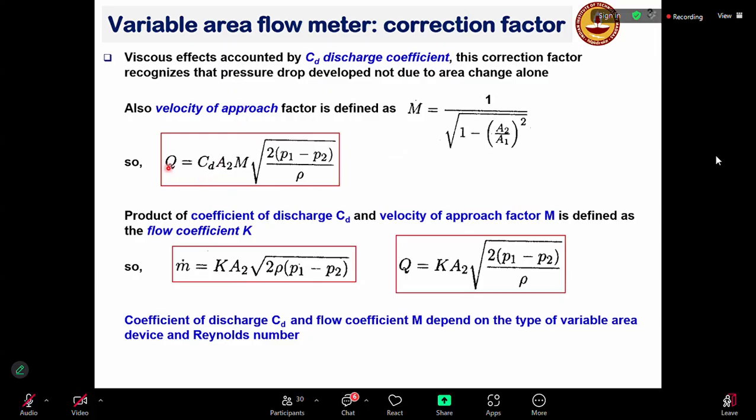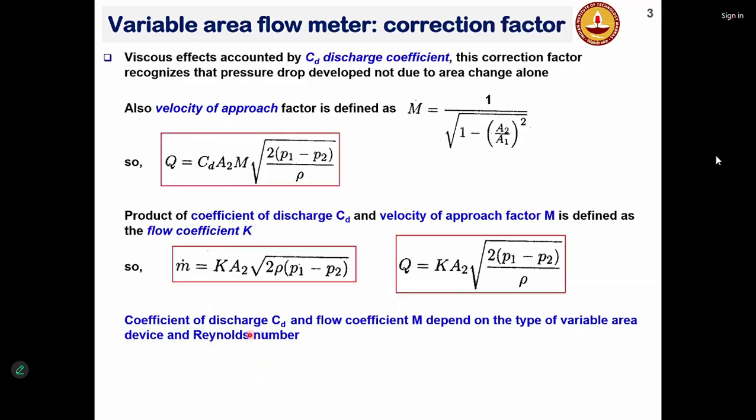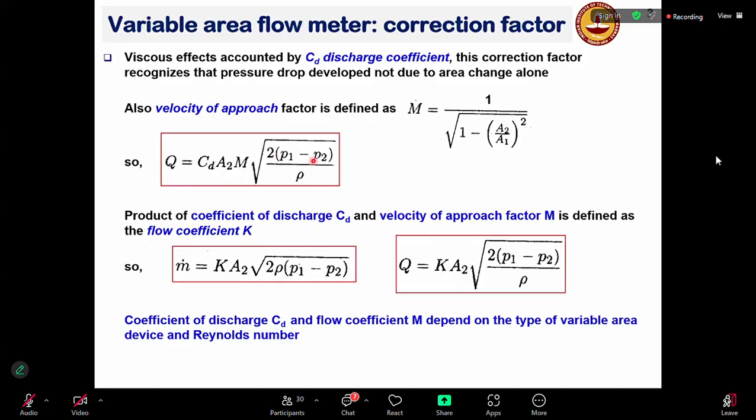So you can write Q as CD into A2, where CD takes care of the viscous loss, and this 1 over square root term can be written as the velocity of approach factor, which is M. So CD into A2 into M into square root of 2 into P1 minus P2 over rho.